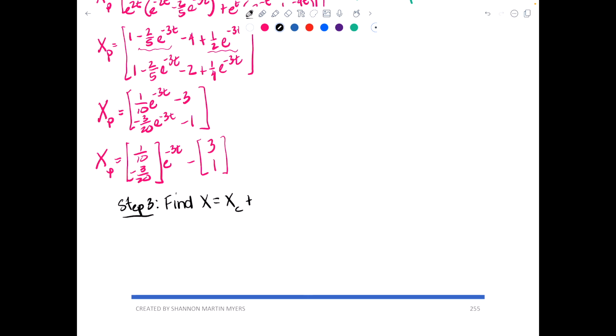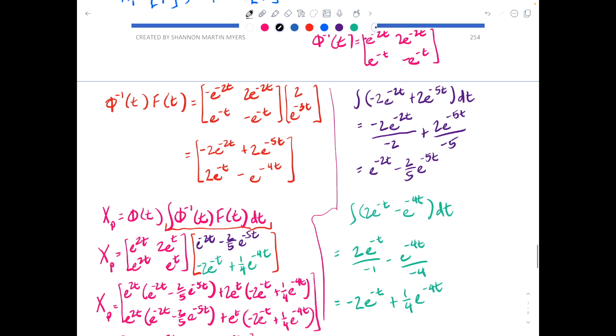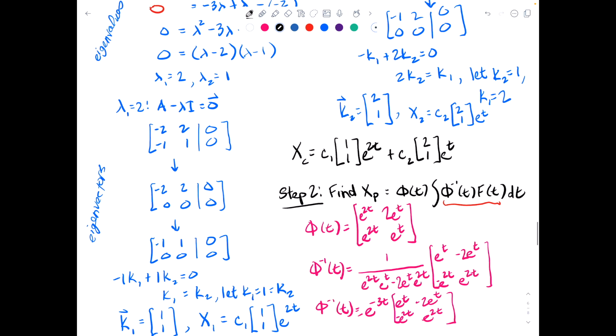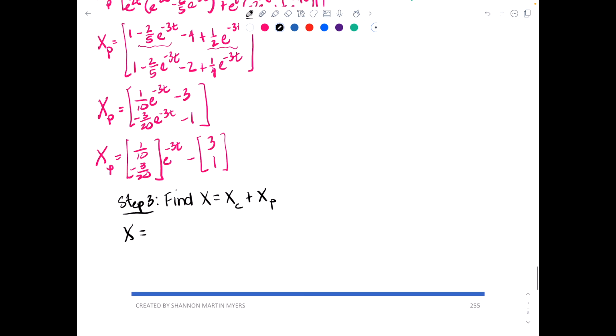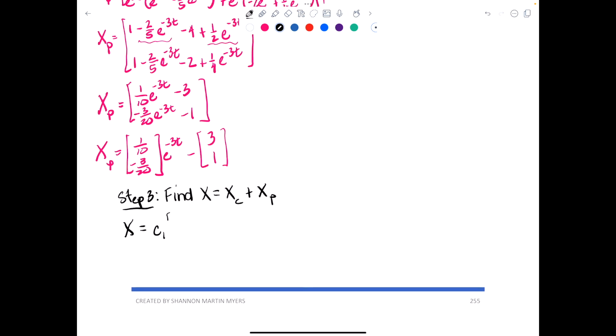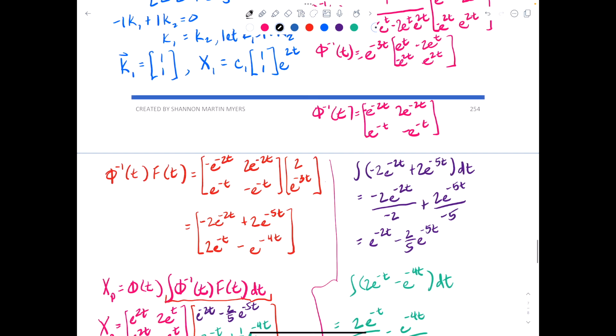Put it all together. So x equals xc, let's find all this, remember from here. That was messy. This was xc here. So xc is c1 times 1, 1, e to the 2t, plus c2 times, I think it was 2, 1.